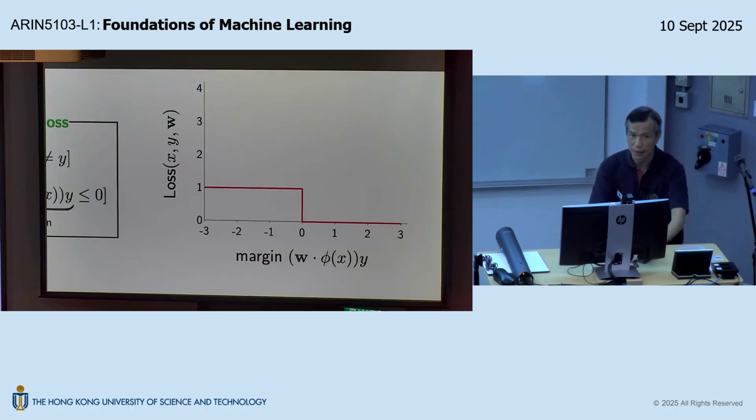As I said, if the margin is positive, that means you are confident and you are right, here in this region, so of course the loss should be equal to 0. In the final exam, you answered the question correctly, so the loss is 0. Whereas if the margin is negative, that means you are not correct, and so the loss will be equal to 1. So this is basically the 0-1 loss.